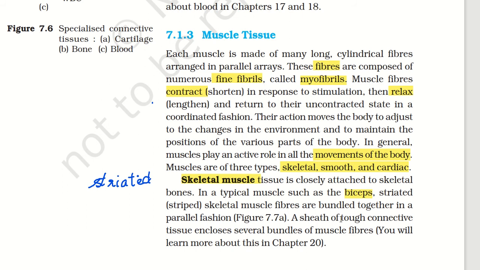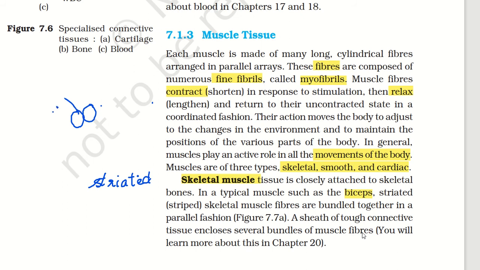A sheath of connective tissue encloses several bundles of these muscle fibers. So if you see the muscle fibers, you can see a bundled structure, many bundle-like structures, right?